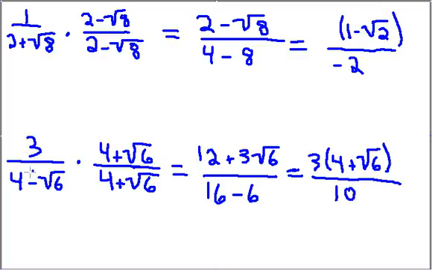So 3 over 4 minus radical 6 rationalized is 3 times 4 plus radical 6 over 10. And remember, once again, rationalizing a denominator is the process whereby you remove any square roots from the denominator itself.